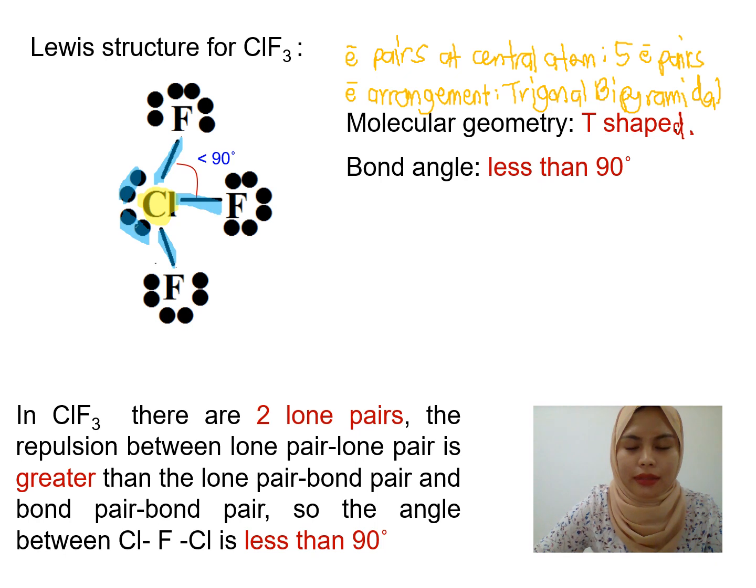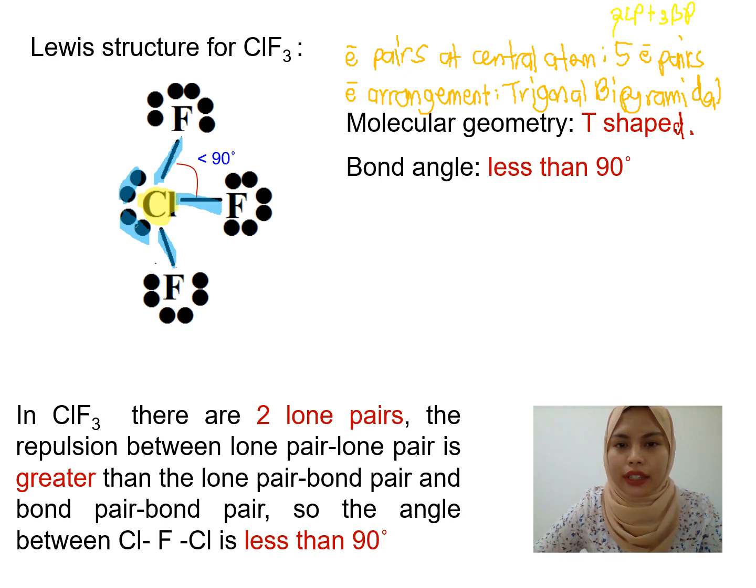So central atom Cl ada sebanyak 5 electron pairs, okay? Sebab dia ada 2 lone pair pluskan dengan 3 bonding pair. Okay, so that means ClF3 punya electrons will be arranged in a trigonal bipyramidal punya shape.